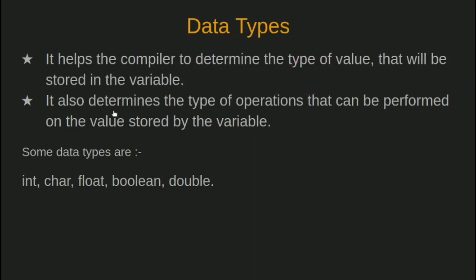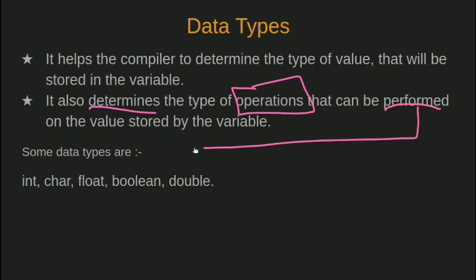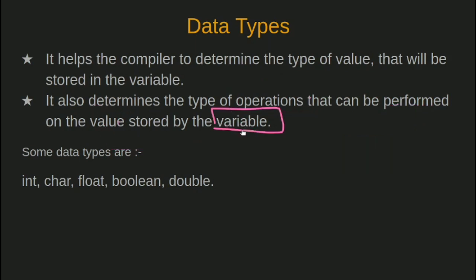It also helps to determine the type of operations that can be performed on the value stored inside of a variable. Now if the variable holds some numeric value, then the type of operations that can be performed on this variable will be addition, subtraction, multiplication, division, and so on.